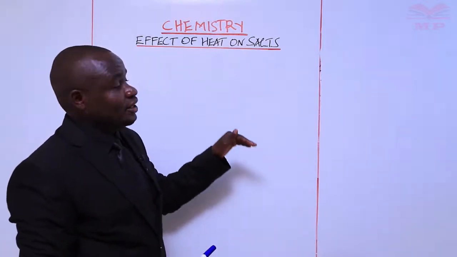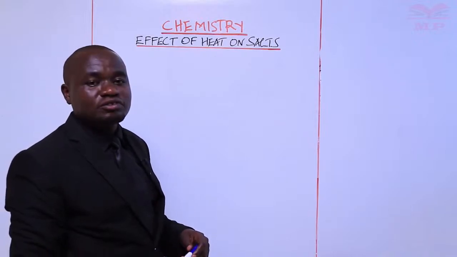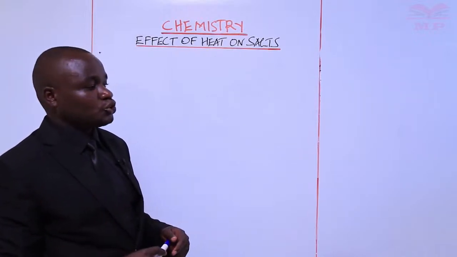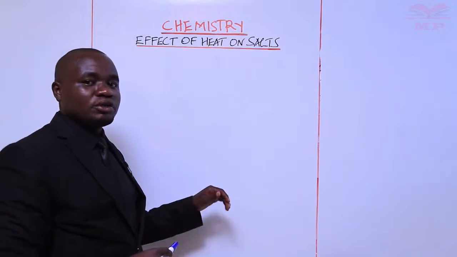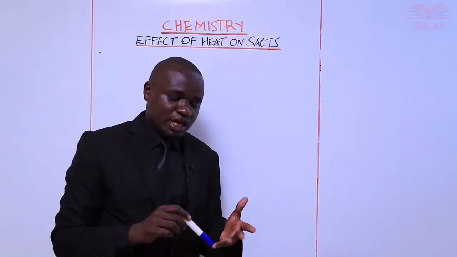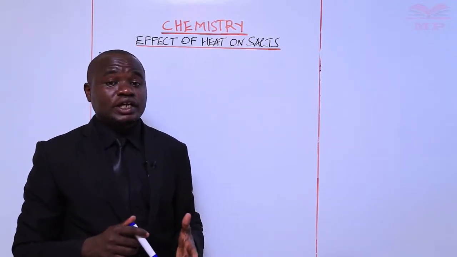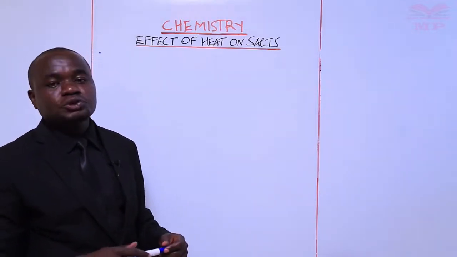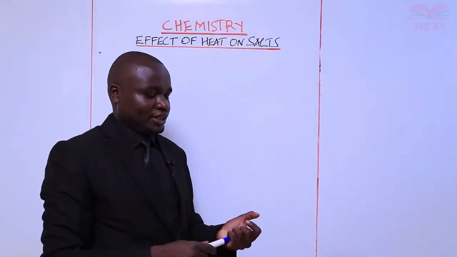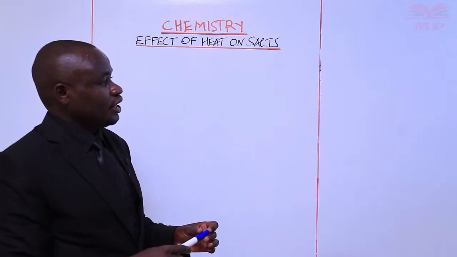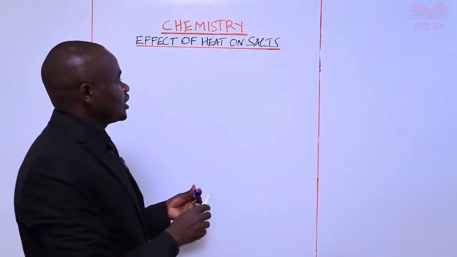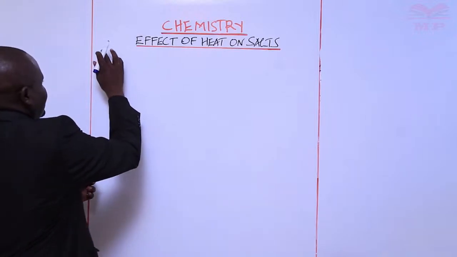The ones which are more reactive will give you the corresponding nitrite and oxygen. Those in the middle will give you the corresponding metal oxide, nitrogen oxide, and oxygen. Those which are least reactive will give you the corresponding metal and nitrogen oxide and oxygen.